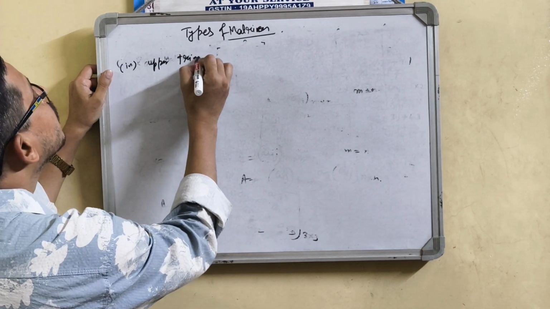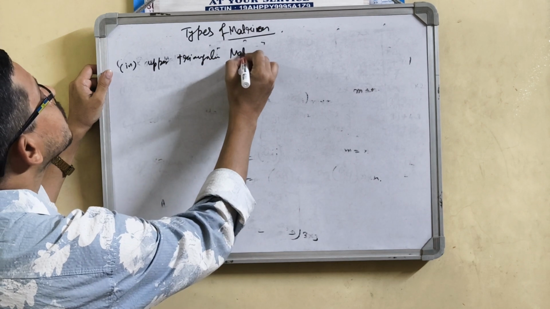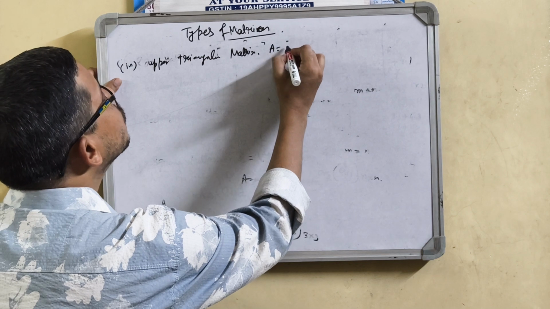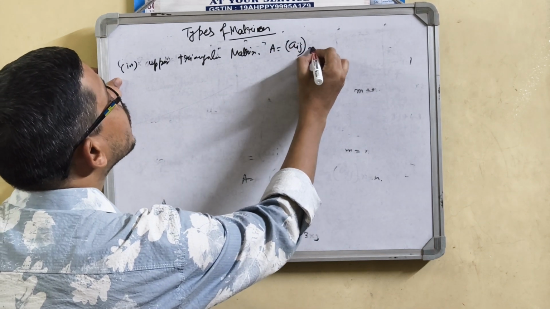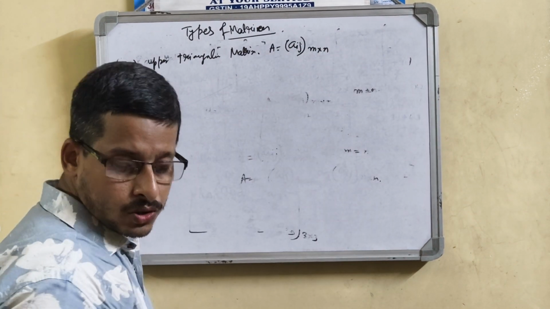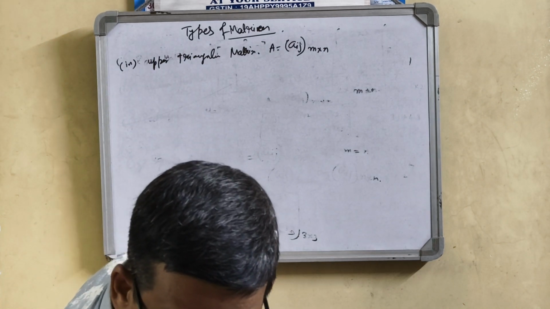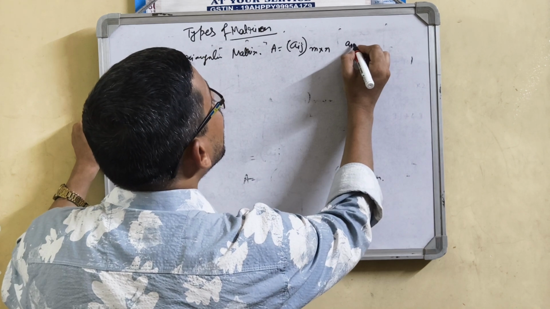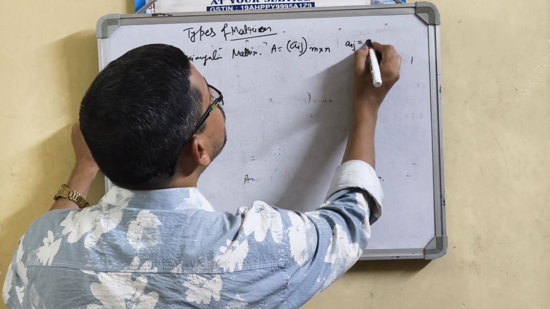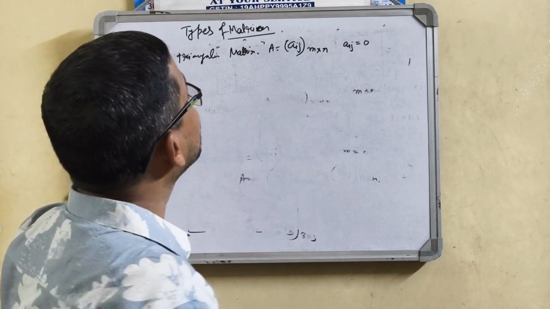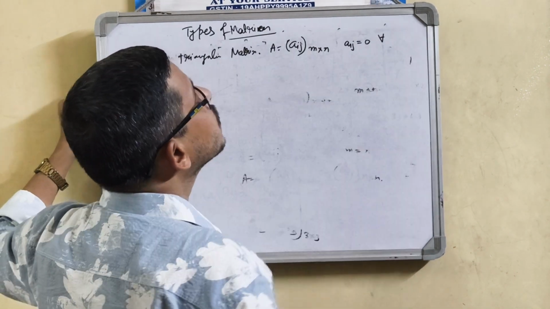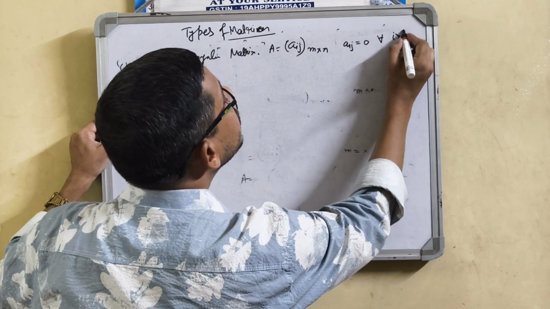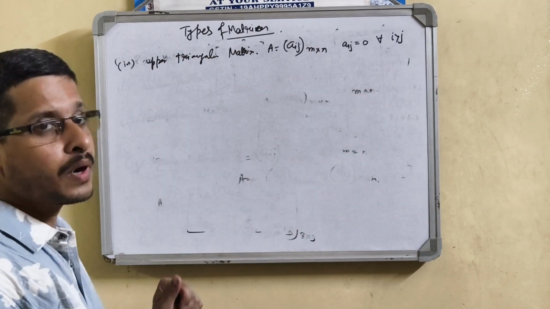Upper triangular matrix, that means A equal to Aij of order m by n is said to be the upper triangular matrix if Aij is equal to 0 for all i greater than j. That will be the upper triangular matrix.